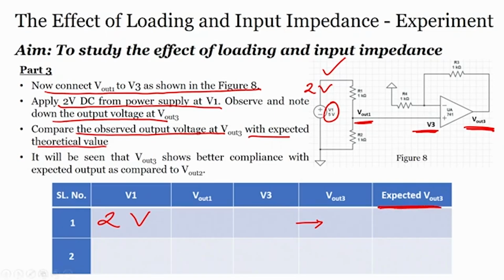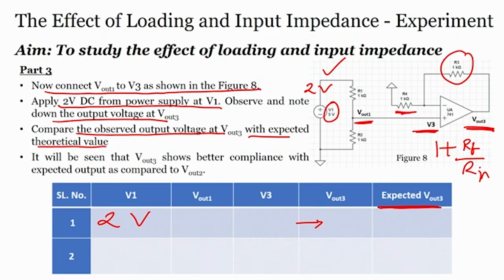Now, what have we seen? We have seen the non inverting amplifier. In a non inverting amplifier, what is the gain? The gain of the non inverting amplifier is given by 1 plus Rf by R1. Here, Rf is 1 kilo ohm and R1 or Rin is also 1 kilo ohm.